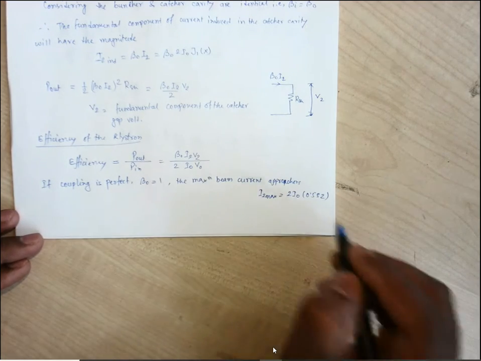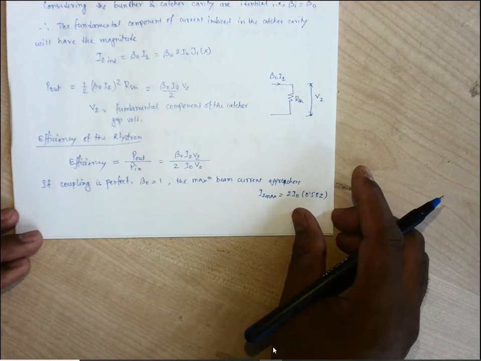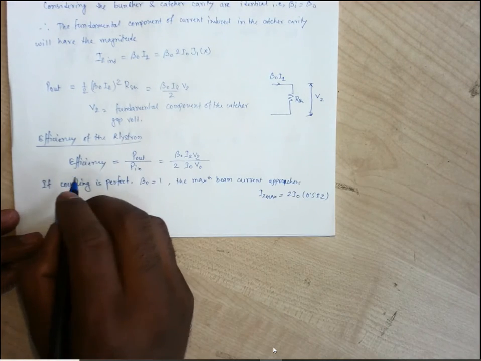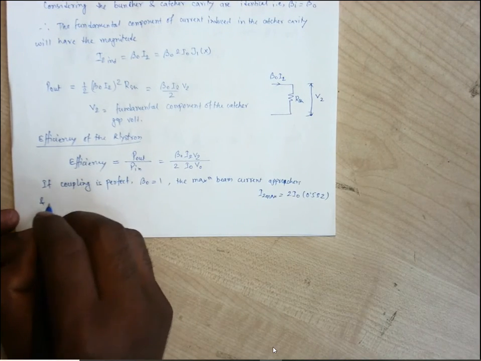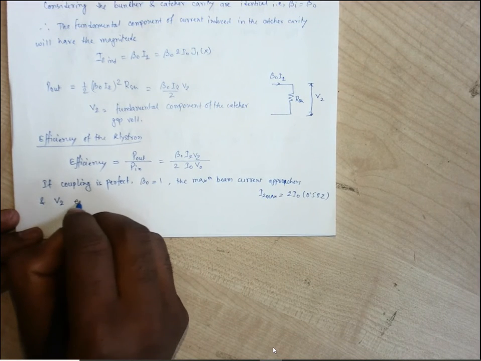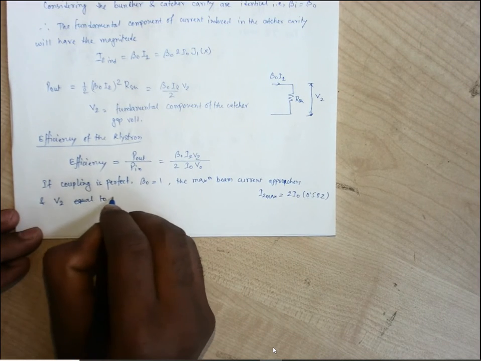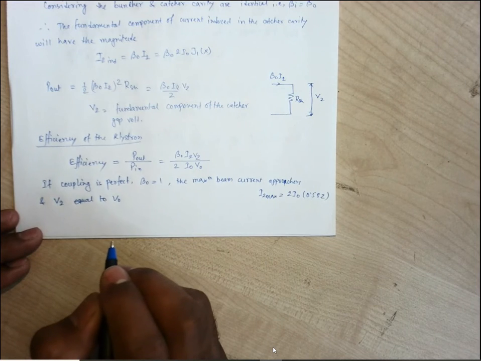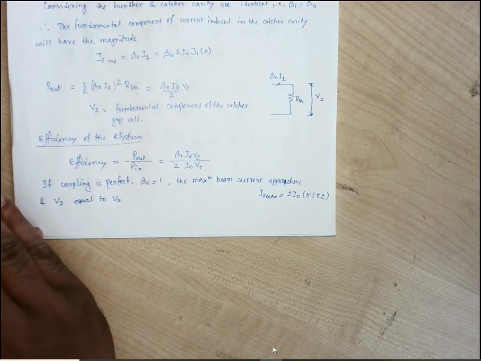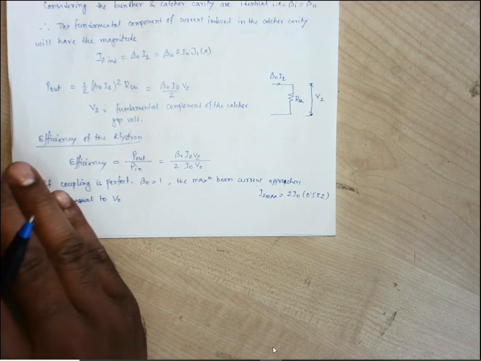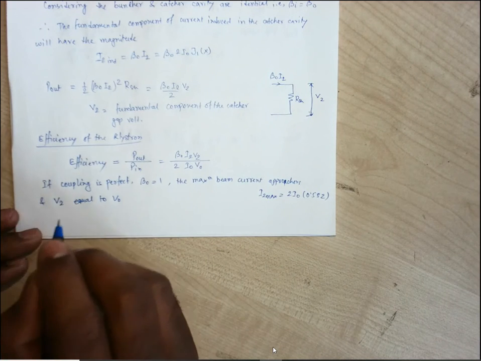This current maximum can be written as like this, and V2 equal to V naught. The catcher cavity gap voltage is same as the buncher cavity gap voltage.